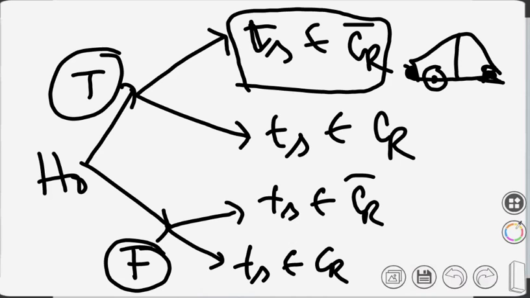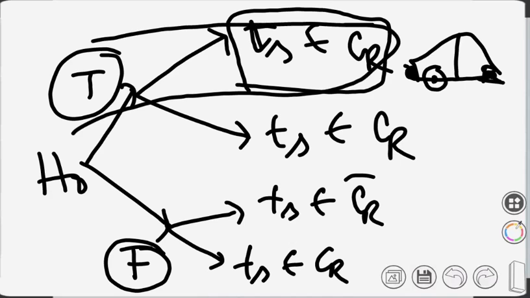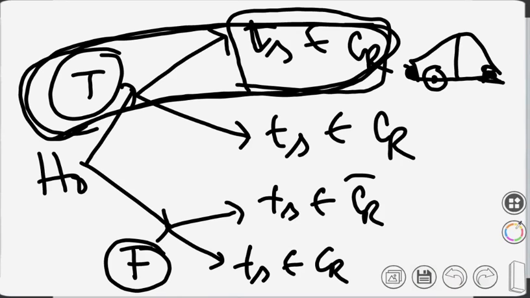So what is happening here? Who can tell me what is happening here? We are accepting the true null hypothesis. Right? The null hypothesis is true and the value of the test statistic falls in the acceptance region, CR bar, mind that. So here what is happening? We are accepting.